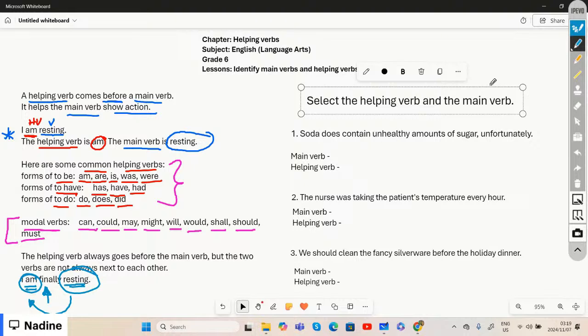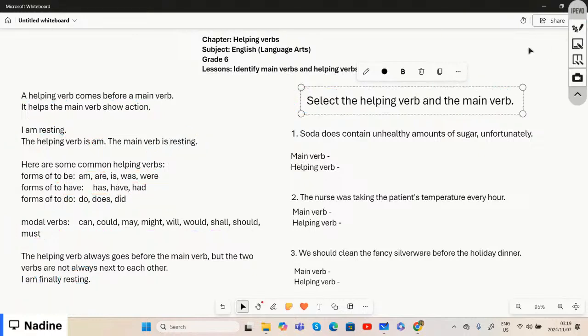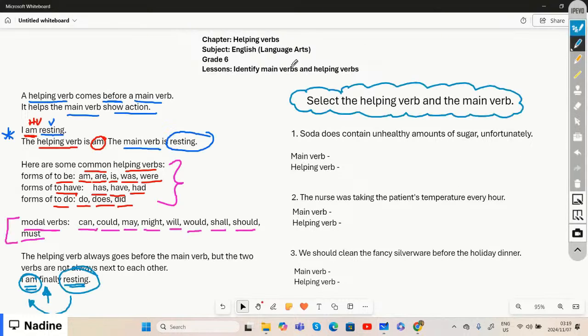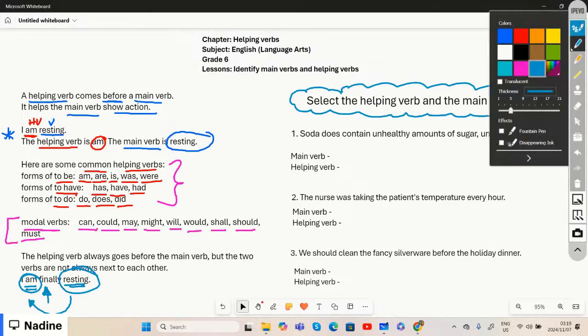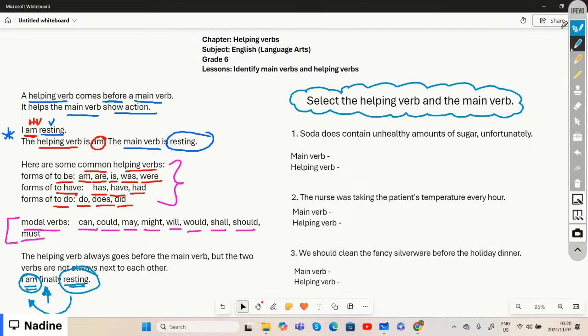So here you're going to select the helping verb and you're going to select the main verb. All right. It says, soda does contain unhealthy amounts of sugar, unfortunately.